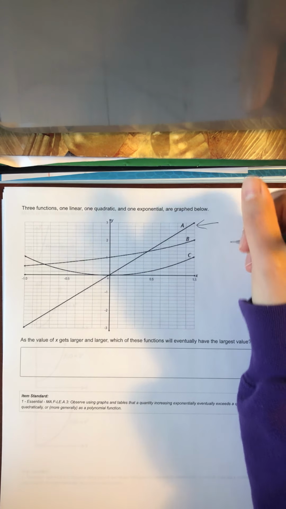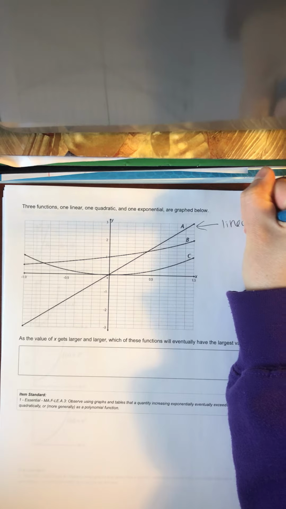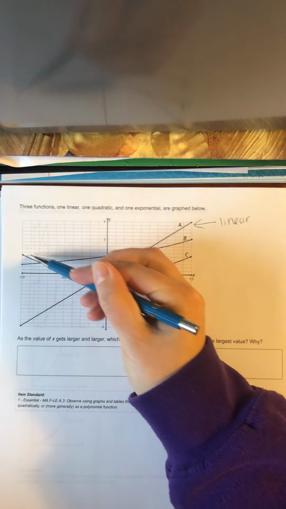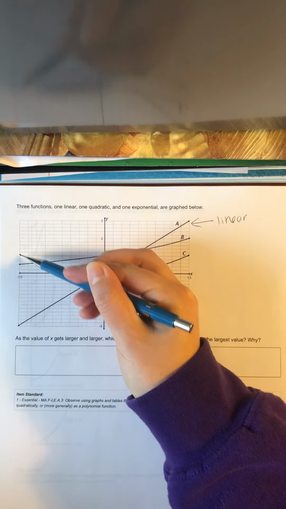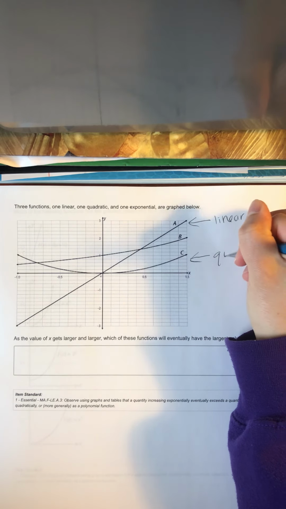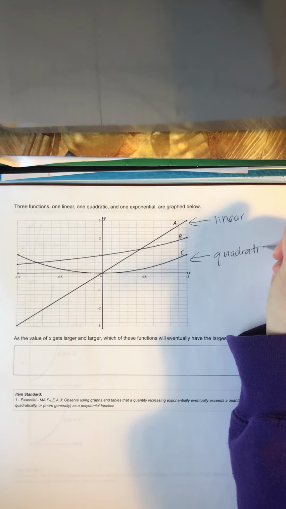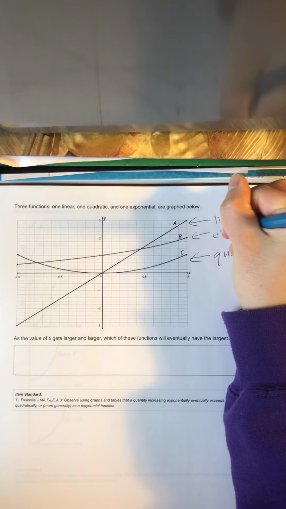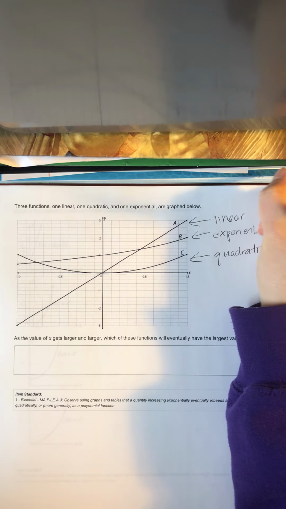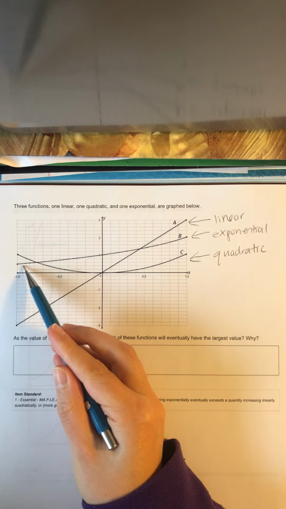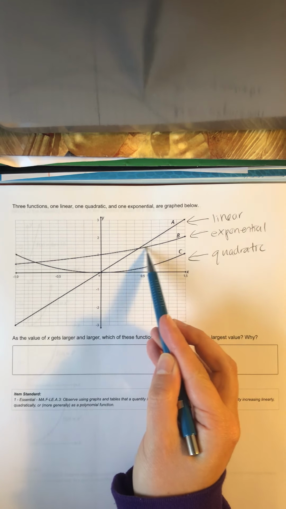B almost looks linear, it's kind of tricky. So linear is a, that's a line. This one is my parabola, c, so that's my quadratic. And then b is my exponential, which is kind of hard to see on this, but it looks like it's going straight, but it's not, because it's kind of curving.